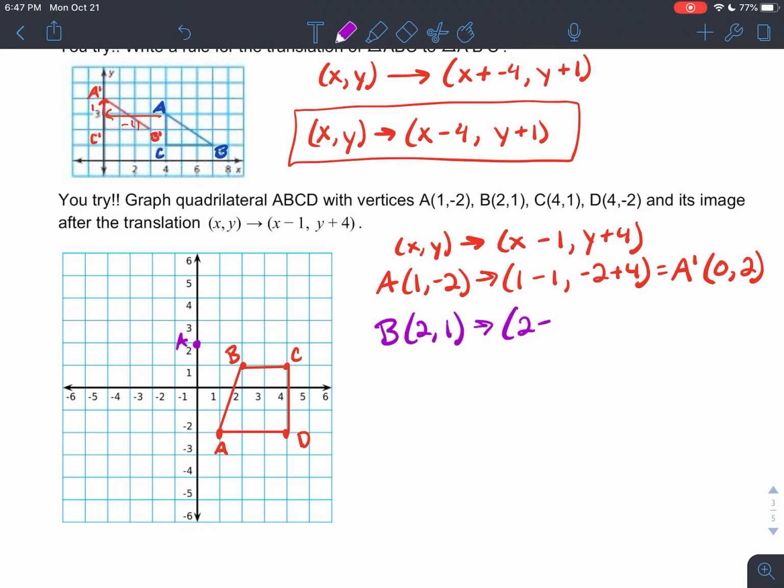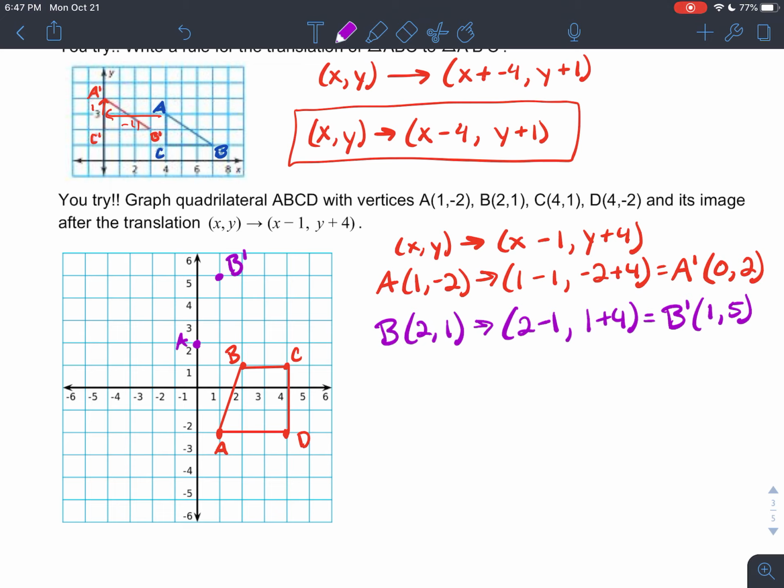So I'm just going to plug in 2 minus 1 and 1 plus 4 to get my B prime. So 2 minus 1 is 1, and 1 plus 4 is 5. So B prime is at the point 1, 5. And if you check from B to B prime, that is left 1, up 4. So that checks.